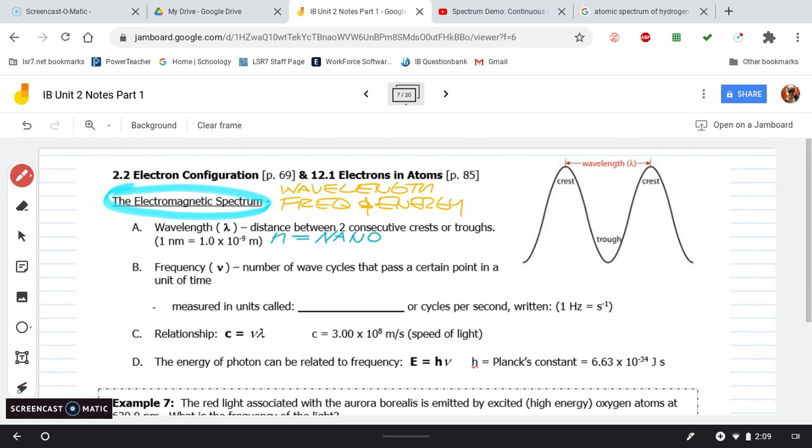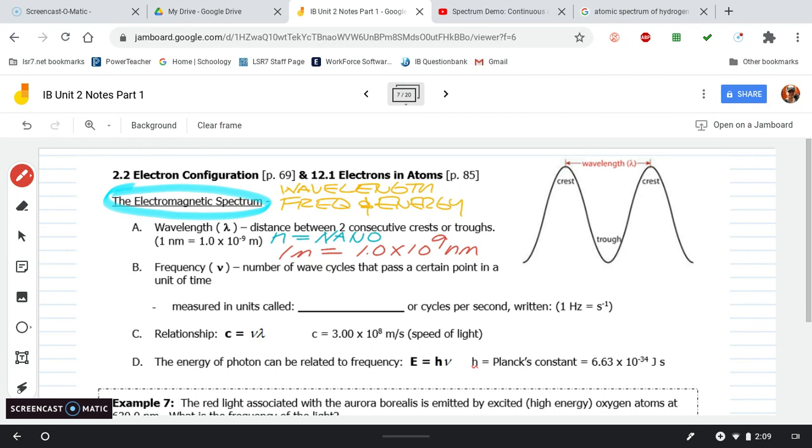I actually meant to change this in the notes a few times: 1 meter equals 1.0 times 10 to the ninth nanometers. Having the negative exponent is kind of hard sometimes, so I think it might be better to have the other conversion as well.